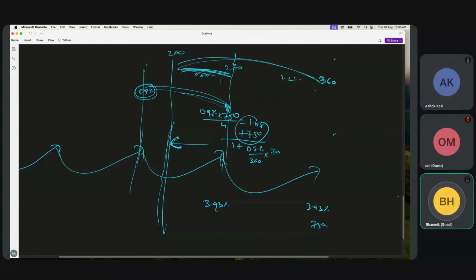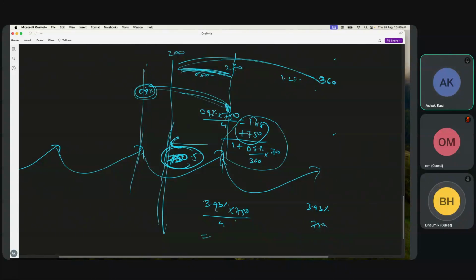Is it okay? Just check how much this amount is coming to now. Sir, I'm getting 750.5. Yeah, 750.5 is right. So the upper part value is 750.5. And the lower one, again, is 3.93% of 750 divided by 4.